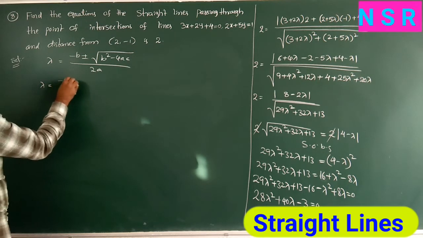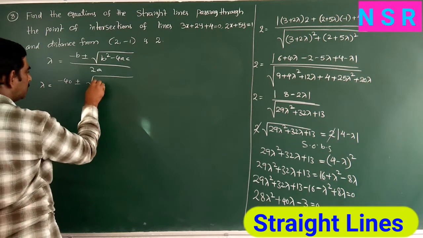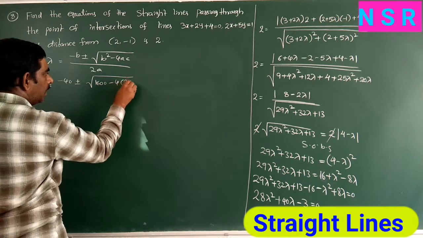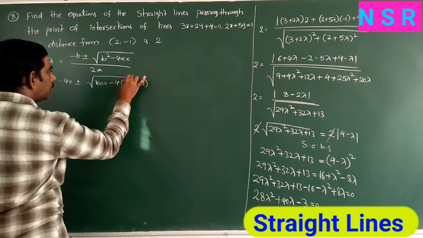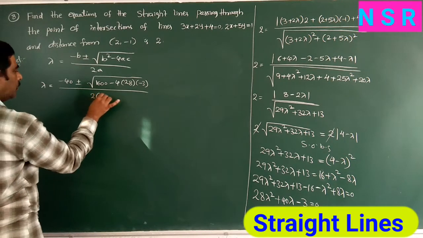So minus 40 plus or minus square root of b square. The b value 40 square is 1600 minus 4 a and c, by 2a. So 2 into 28.